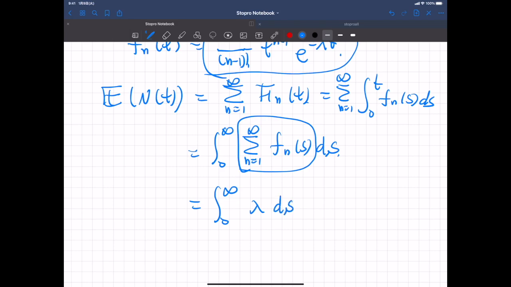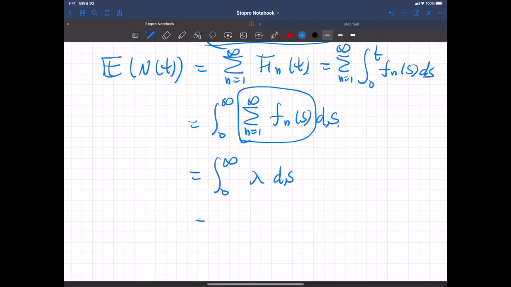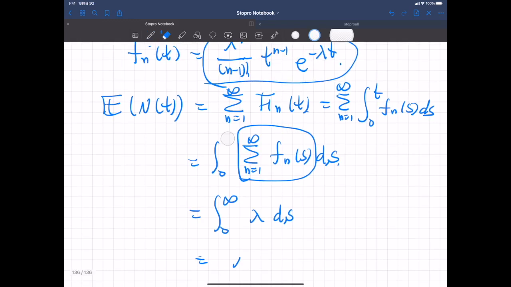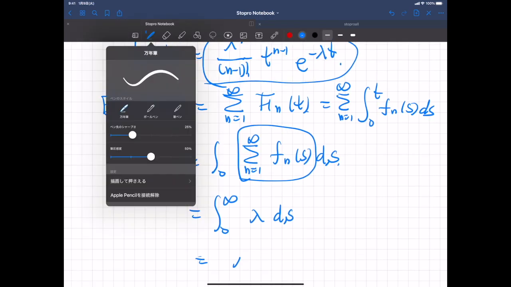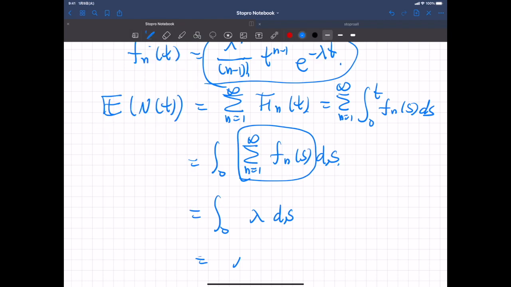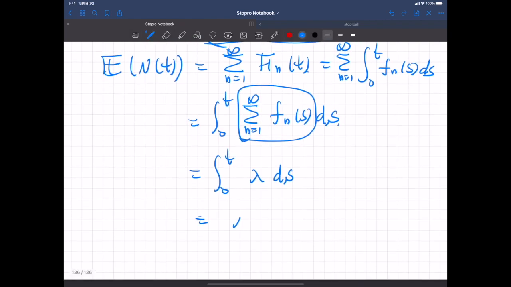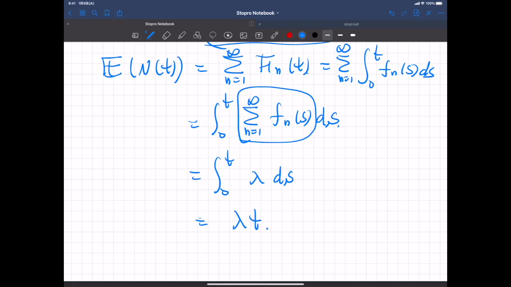It's a constant. So after all, we have, wait a minute, it's not infinity, it's t. So after all, we have lambda t as the expectation value of the number of renewals. But doesn't this look familiar?